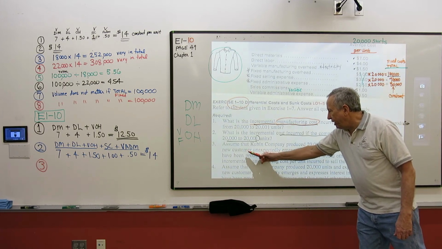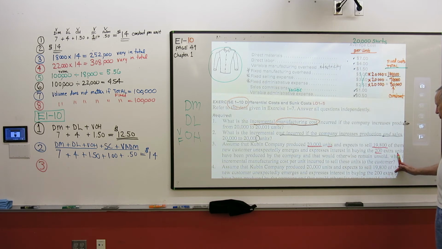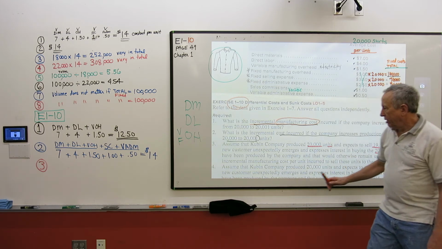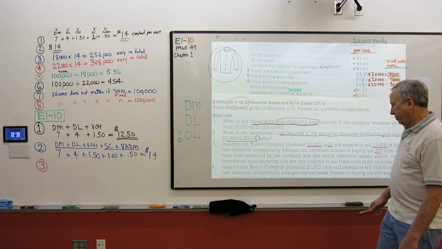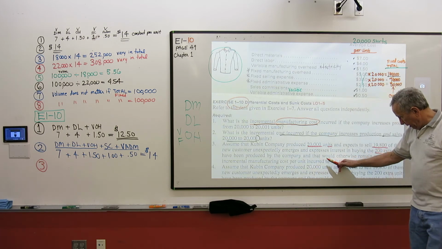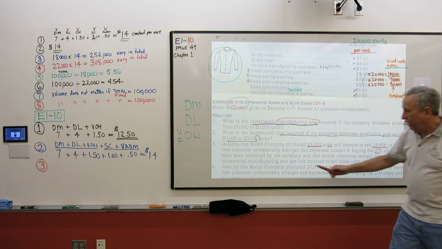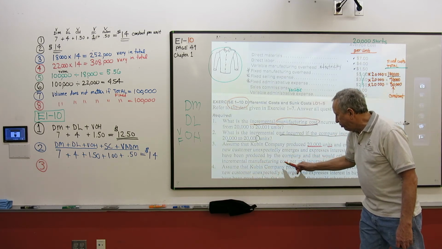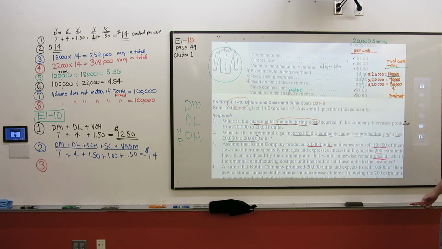But again, a new customer unexpectedly emerges and expresses an interest in buying the 200 extra units. The customer wants to buy the units, and if they don't buy them, they'll just remain unsold in inventory. What is the incremental manufacturing cost per unit incurred to sell these units to the customer?